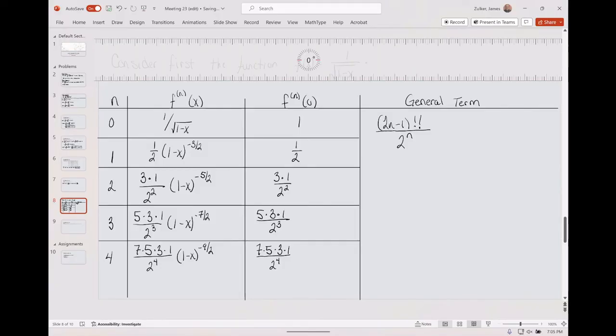But if n equals 0, you get negative 1 double factorial, which is undefined.